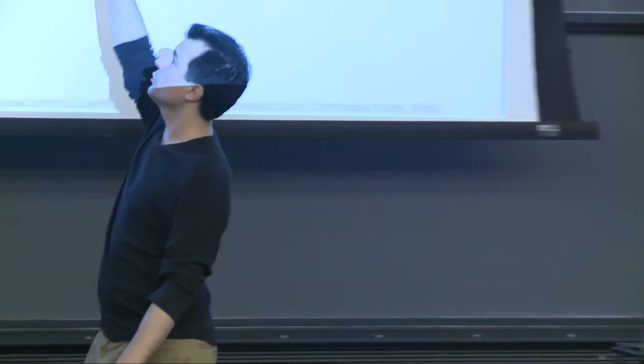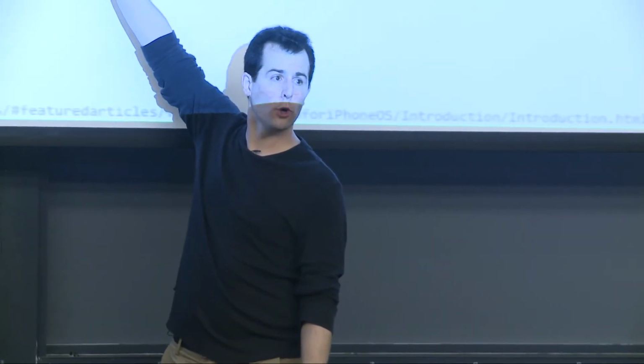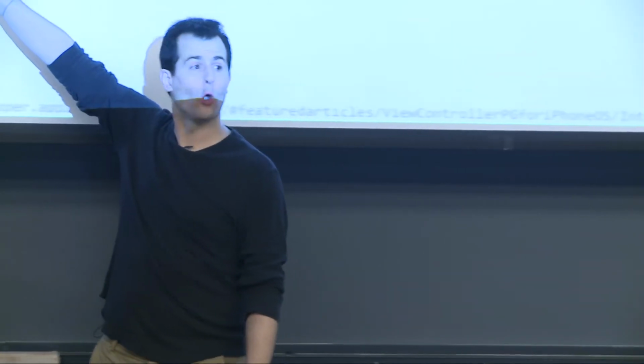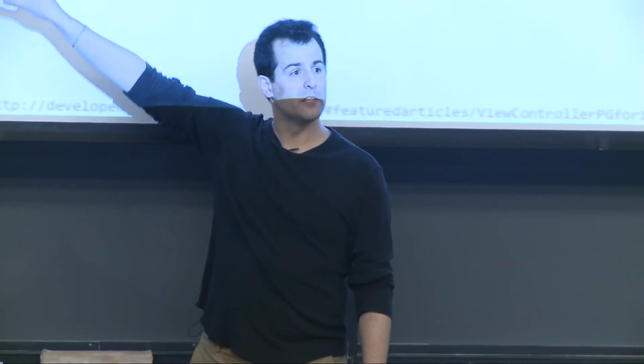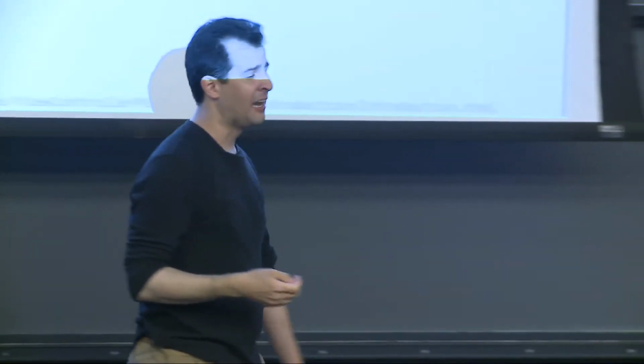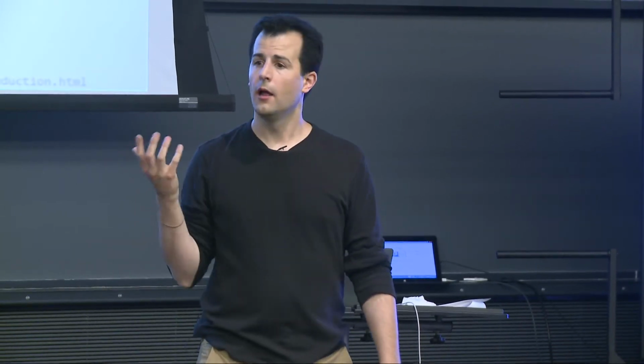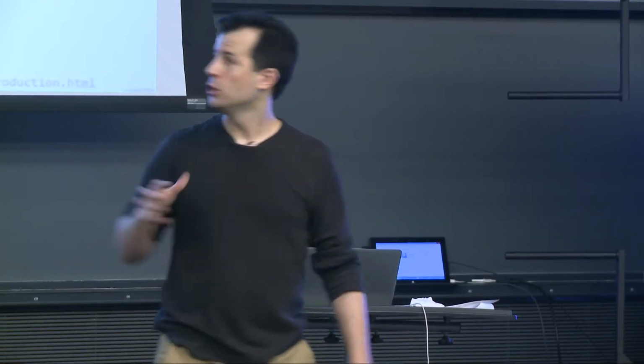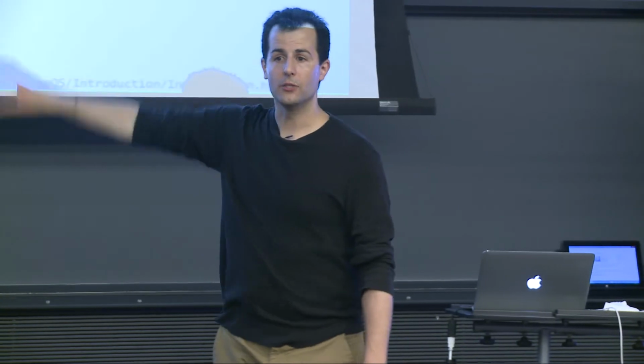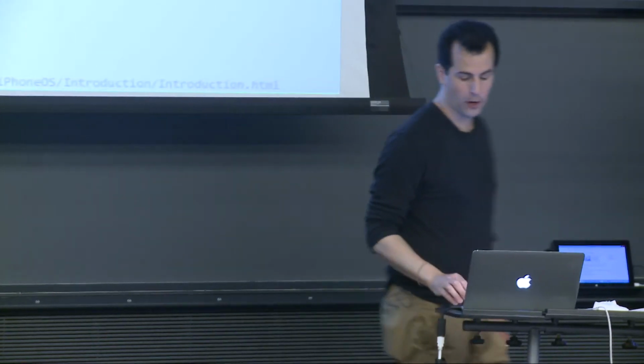You don't have to change any of your so-called business logic, the guts of your program. All you have to do is change or add a new view. And this makes it super easy to deal with things like iPhones and Windows phones and Android devices and all of the different displays or views that a user might interact with. You don't have to touch the essence of your program. And that just makes life much, much easier as your programs get more complex and more interesting.